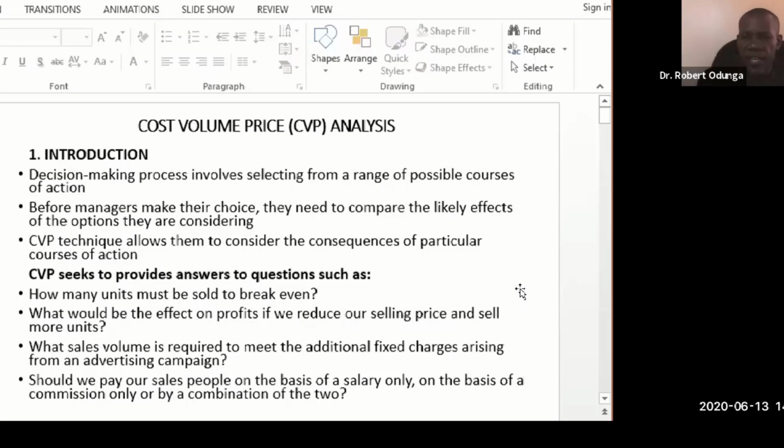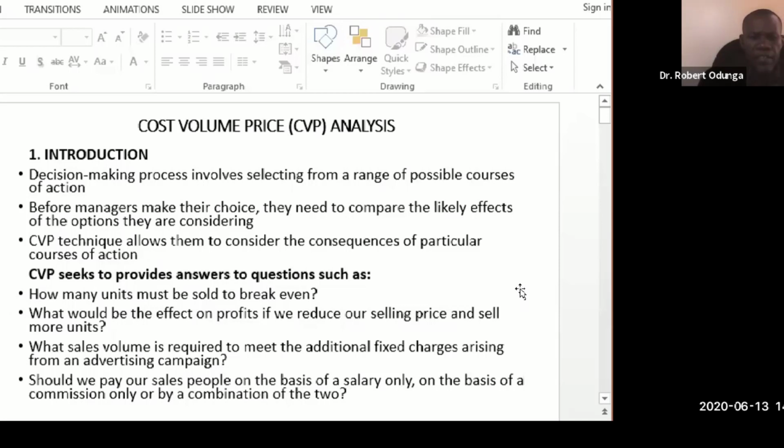You do a sensitivity analysis to see, if you change this, what would be the overall effect on the other variables. If you change one variable, what will be the effect on the other variables? So you need to do a number of them, and realize nowadays the computer systems help us as managers to do this kind of analysis, and you don't have to take a lot of time. You don't have to think a lot, but as long as you feed the right information in your system, it will always give you the possible solutions.